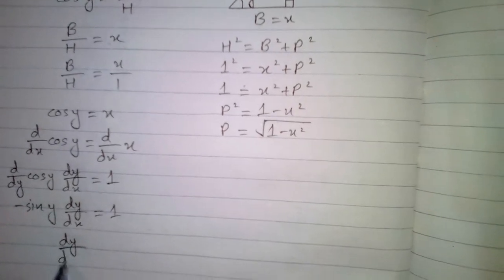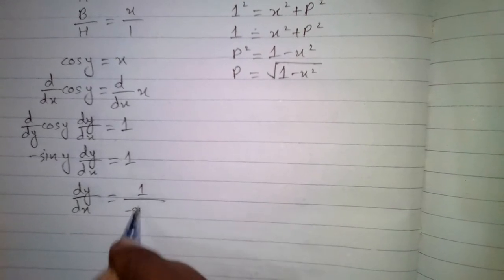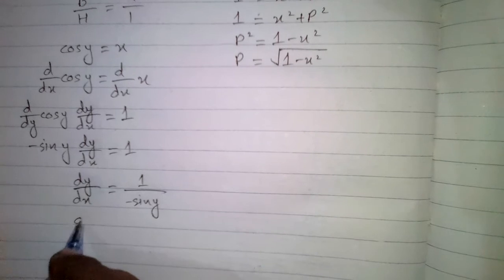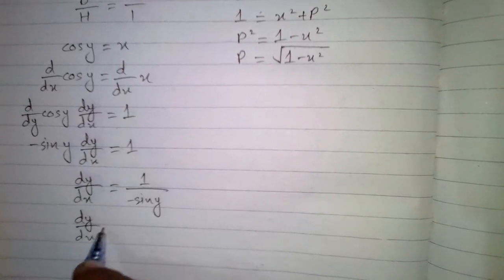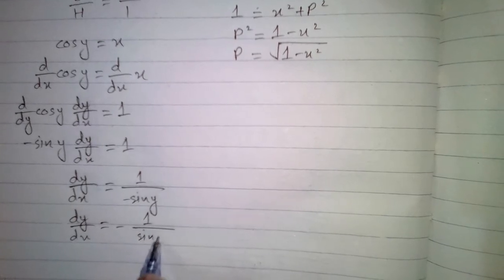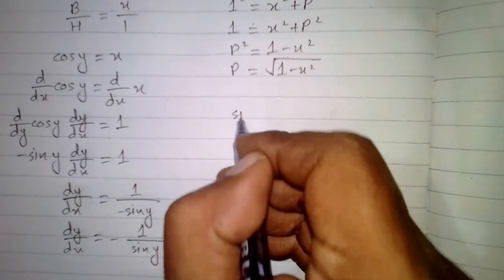so we can write minus sin y multiplied by dy by dx is equal to 1, or we can write dy by dx is equal to 1 upon minus sin y, or we can write dy by dx is equal to minus 1 upon sin y. Now we will find the value of sin y.